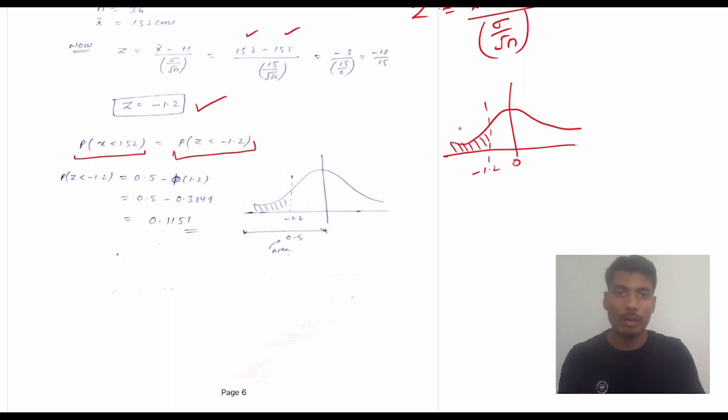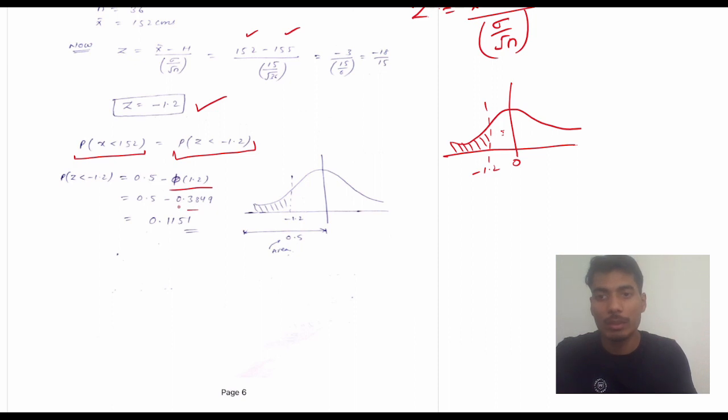This part, how can we find? This full half area is 0.5. If we do 0.5 minus this part, then we can get our remaining part. So 0.5 minus P of 1.2. If we see in the z table, corresponding to 1.2, you can get the value of 0.3849.